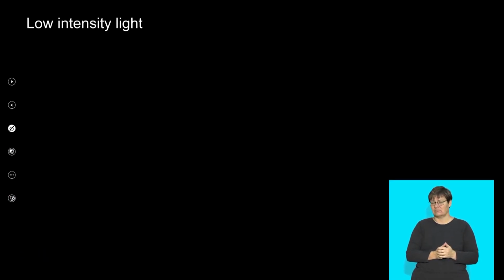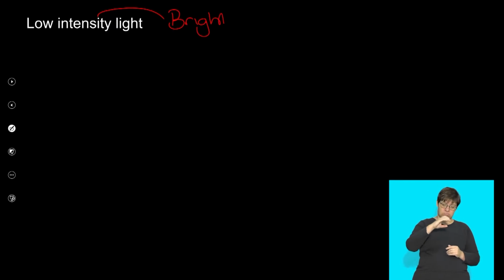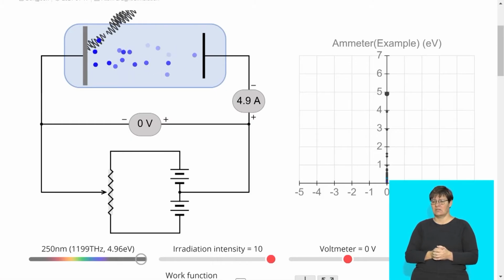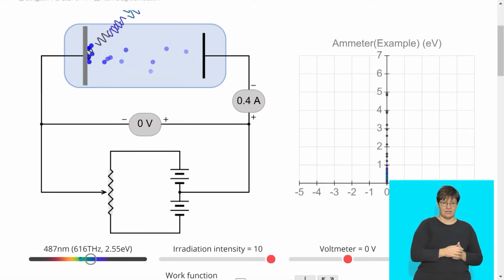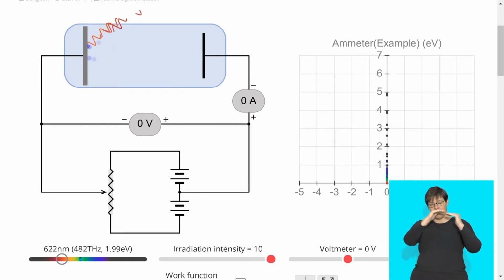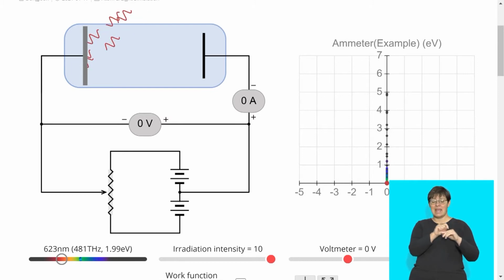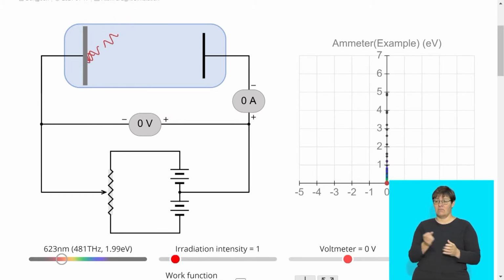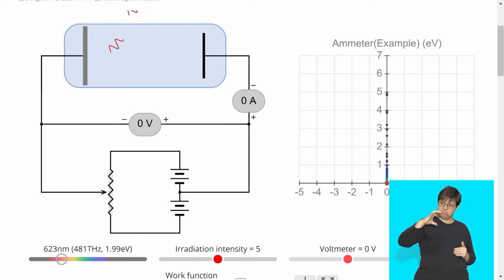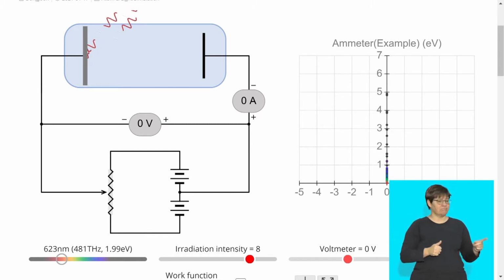Low intensity: make a note for yourself that intensity is brightness. I do want to show you one thing quickly on that note. If we go below the threshold, no electrons are coming off. Even if I keep increasing the intensity of the light, it doesn't matter how bright I make this light, it makes no difference.